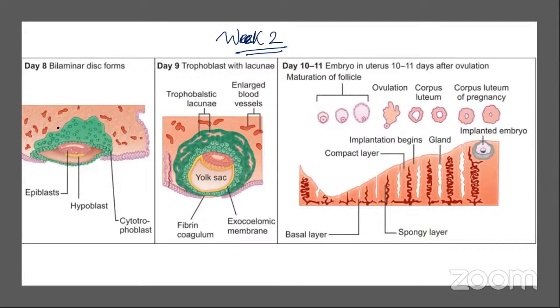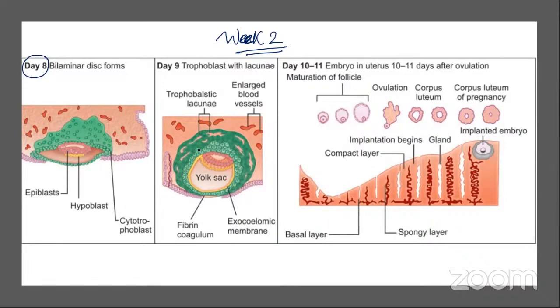Okay, day 8. Now after that, this is very important. You need to remember the bilaminar disc is formed on day 8. Now day 9, we have a formation of lacunae in the syncytial trophoblast. You can see in this picture, the green one is the syncytial trophoblast.